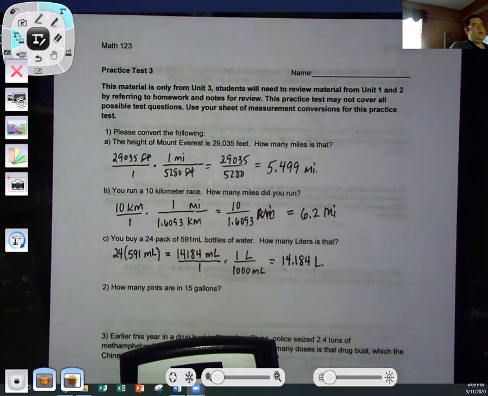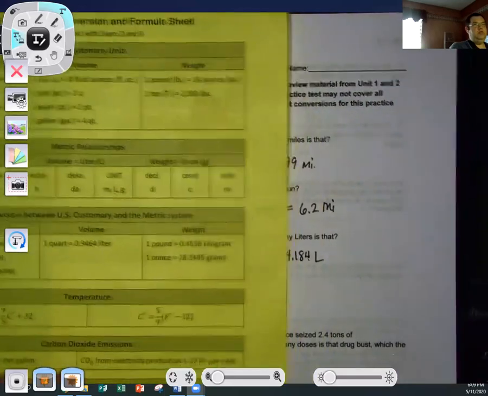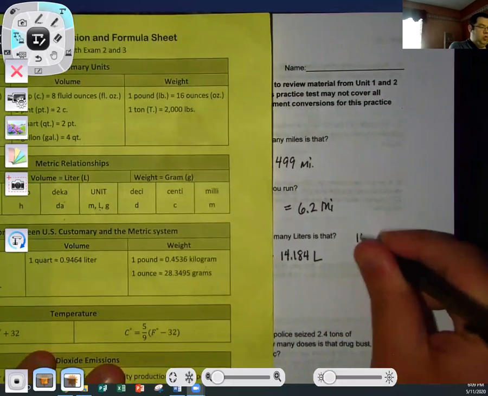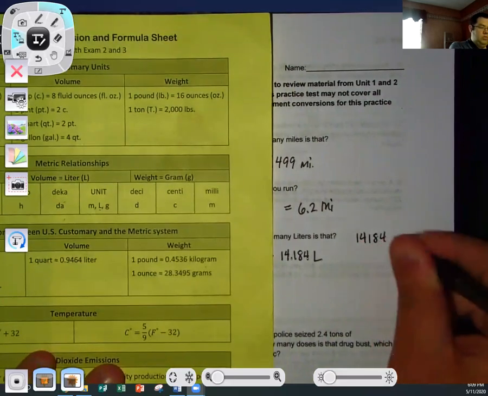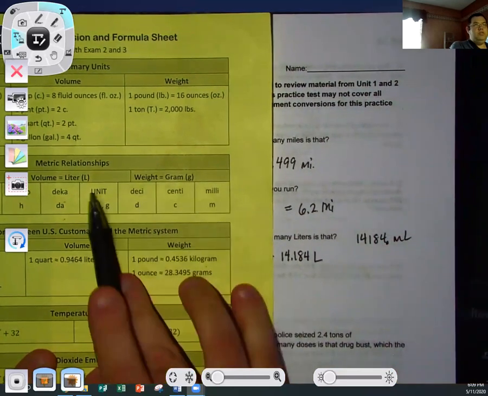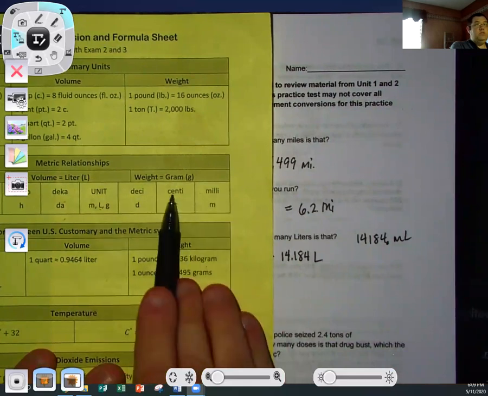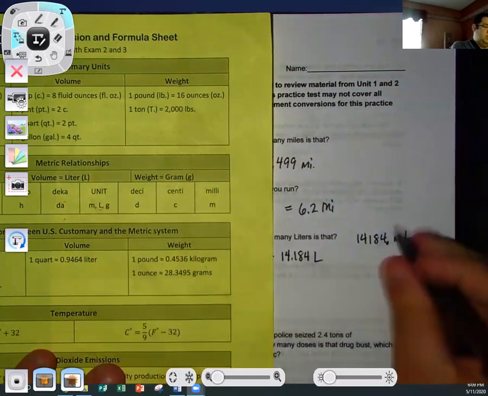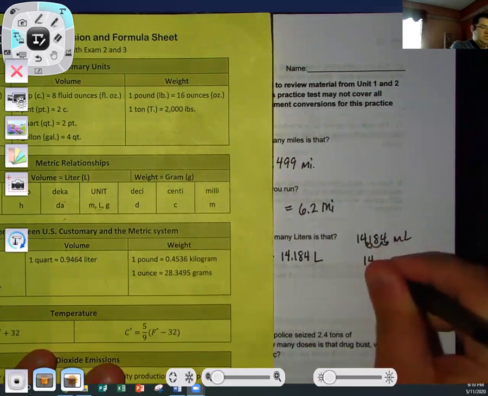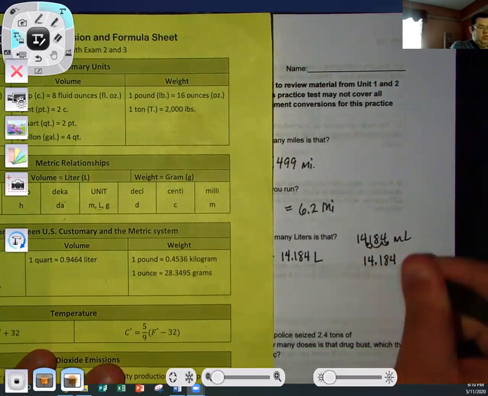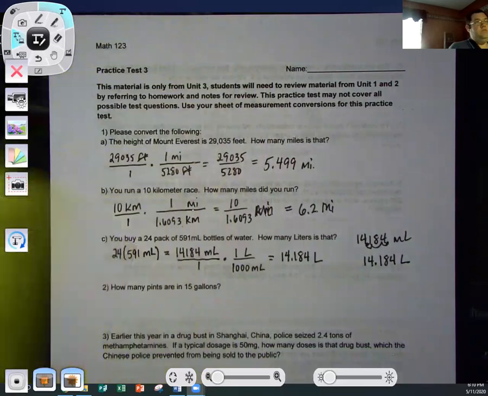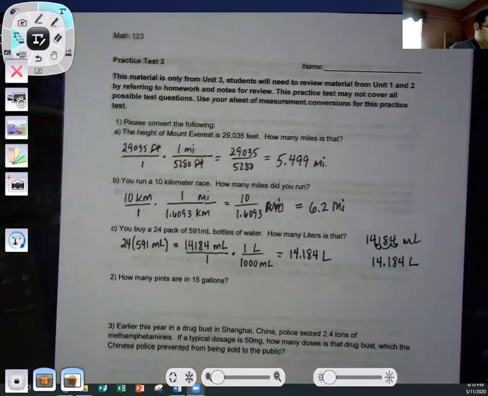Or if you use the yellow sheet, if I know there's 14,184 milliliters, I go to my decimal. To go from milliliters to liters, we go 1, 2, 3 to the left, and that gives us an answer of 14.184 liters. So same answer, two different ways of going about doing it. Okay.